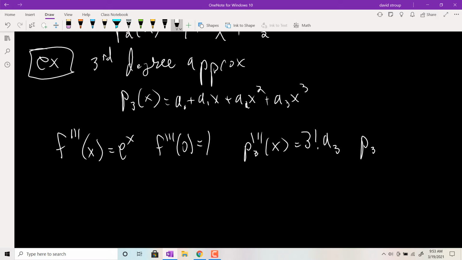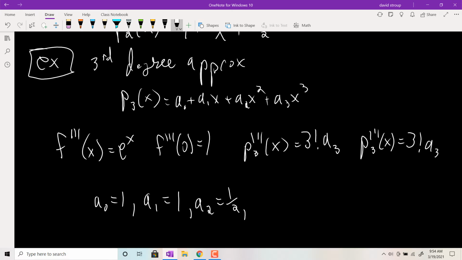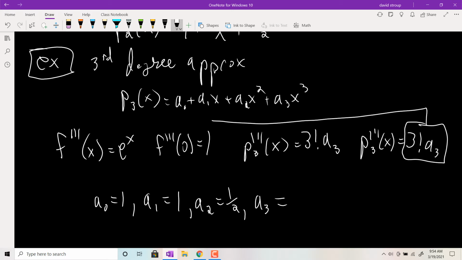So we know a sub 0 is 1, a sub 1 is 1, a sub 2 is 1/2, and a sub 3 is the troublemaker, right? So a sub 3 is going to be found by equating these two expressions.